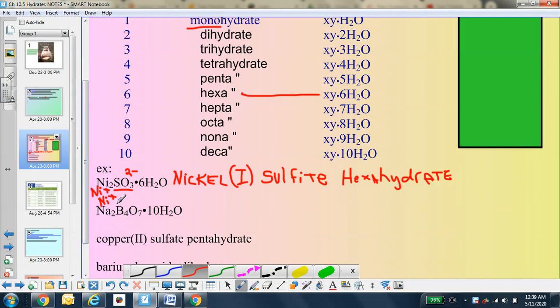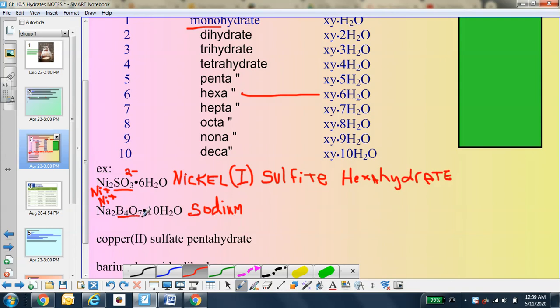Let's take a look at the second example. Our first element is sodium. Sodium, if you locate it on your periodic table, is in group 1, the very first column. Group 1 and group 2 elements never get Roman numerals because they only ever form a +1 for group 1 and a +2 for group 2 as the oxidation number.